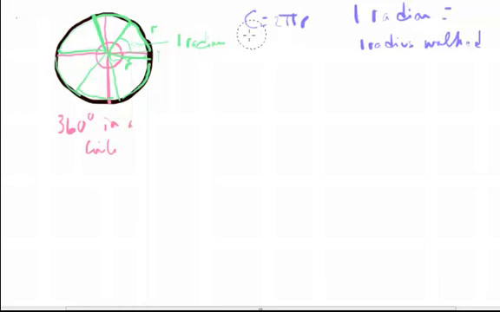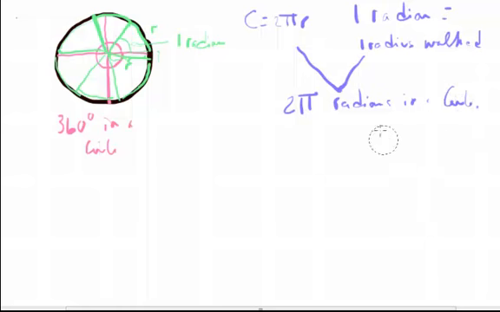So if in walking around the circle there are 2 pi radiuses, and a degree measure of 1 radian is just walking one of those radiuses, then it must follow that there are 2 pi radians in a circle. 2 pi radians to go around the circle.